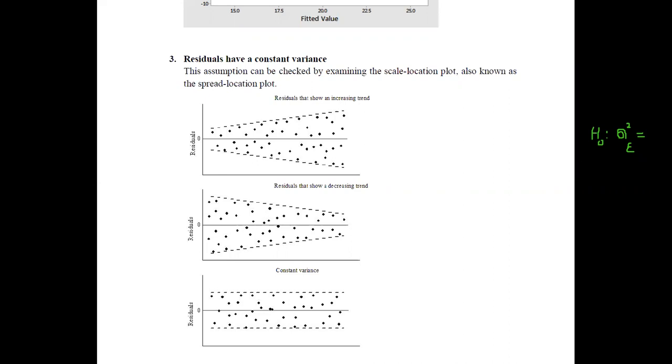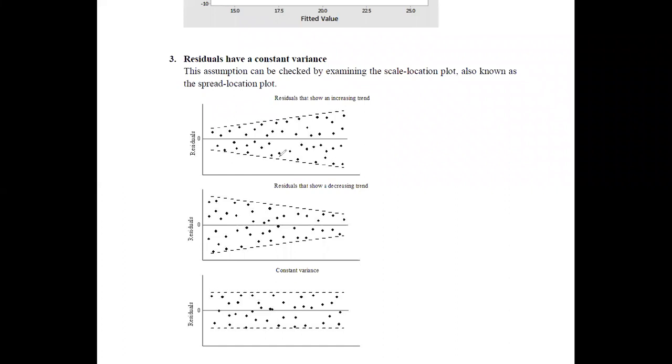For this, you can use Levene's test. It tests the homogeneity of variances: in the null hypothesis constant variance exists, versus constant variance does not exist. Those are the statistical tests associated with testing constant variance.